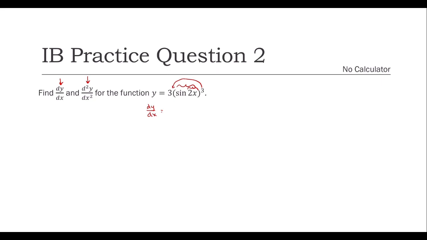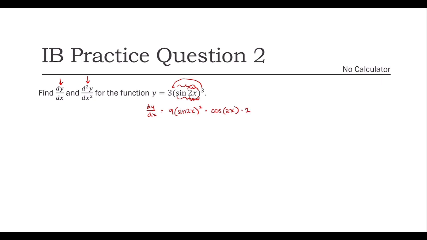So 3 times 3 is 9. So we have 9 times sine of 2x, and then we'll decrease the degree by 1. And then we'll multiply that by the derivative of this inside part. So the derivative of sine is cosine. So we'll have cosine of 2x. And then we need to multiply that by the derivative of the inside of that one. So the derivative of 2x is 2.